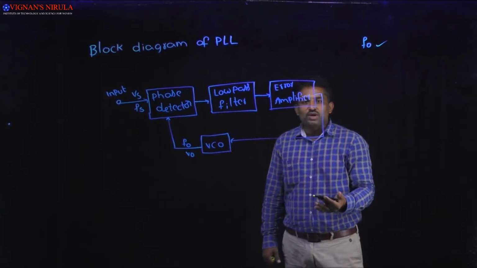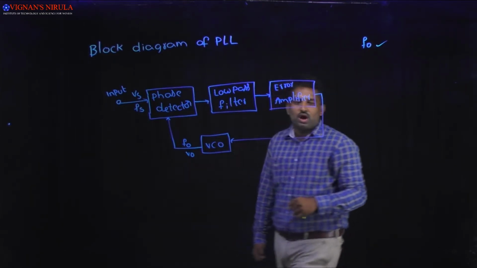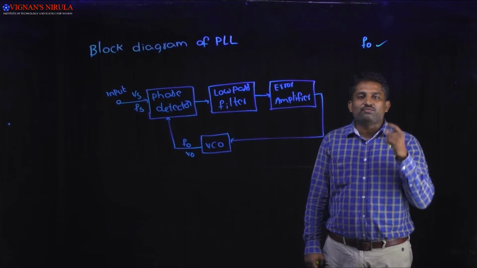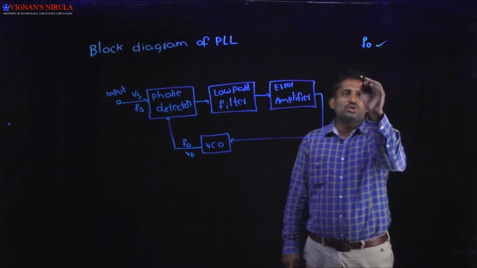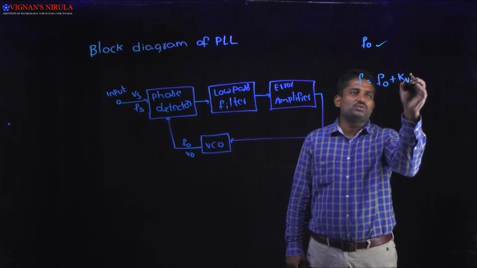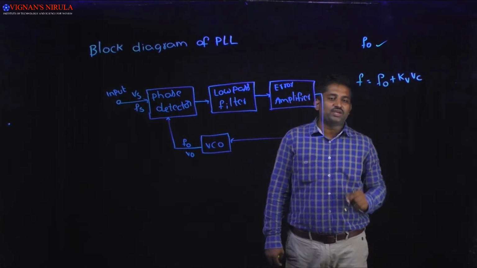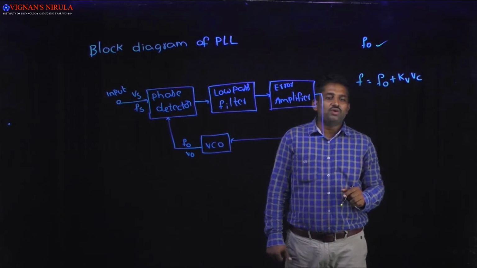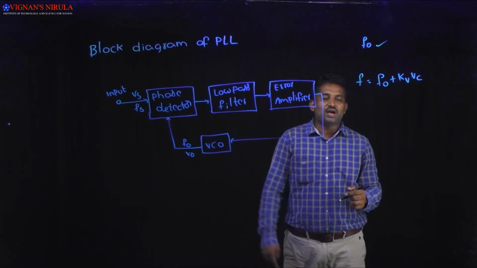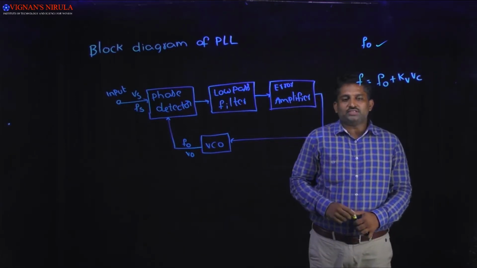Whenever you apply a non-zero control voltage at the input of the VCO, that control voltage pushes the center frequency from F0 to F, which is F equals F0 plus kV into Vc, where F0 is the center frequency, kV is the voltage to frequency conversion factor, and Vc is the control voltage or error voltage.